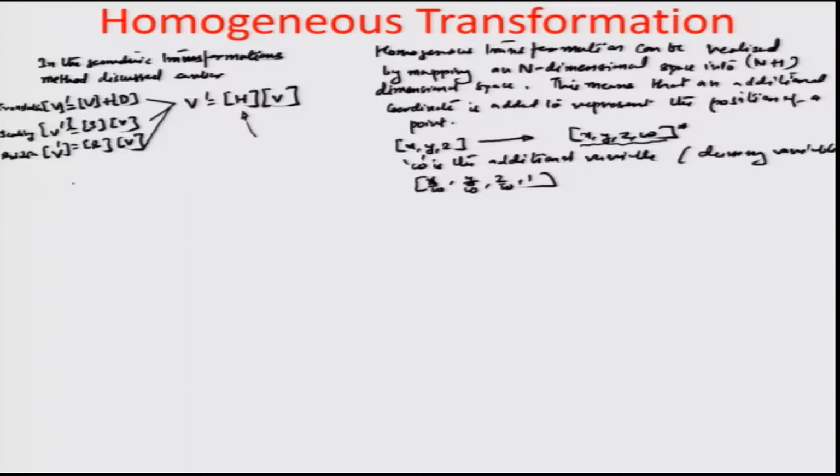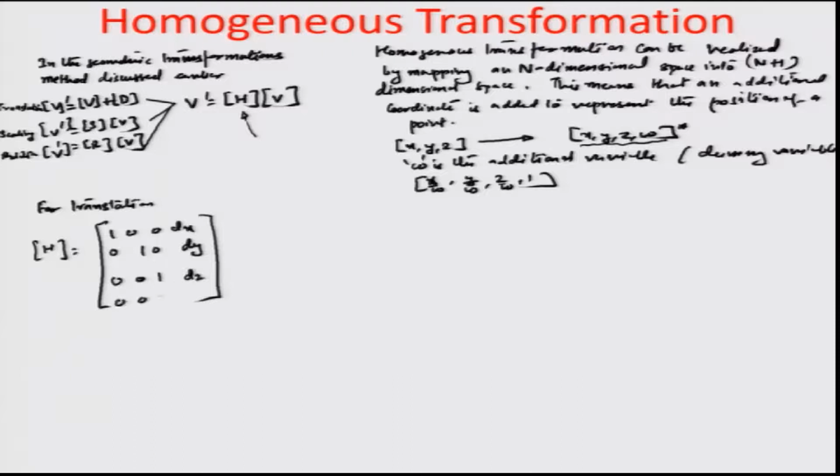For translation, we will be using a multiplier matrix, let us say the H matrix, which can be represented as 1 0 0 dx, 0 1 0 dy, 0 0 1 dz, 0 0 0 1.